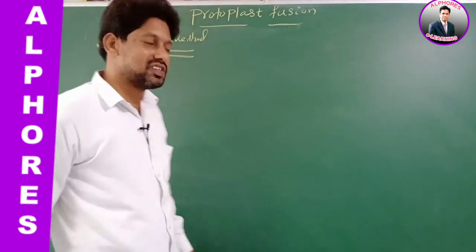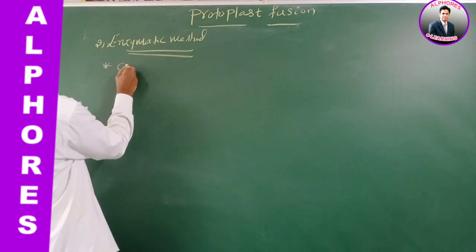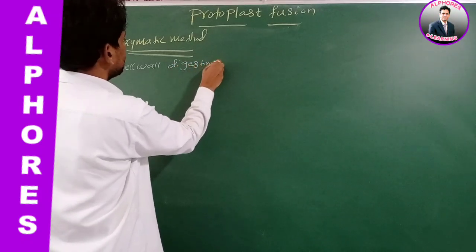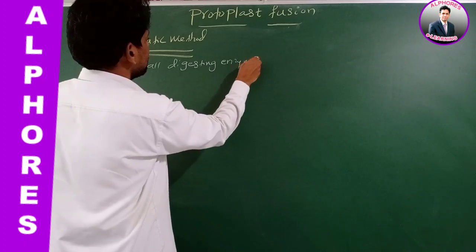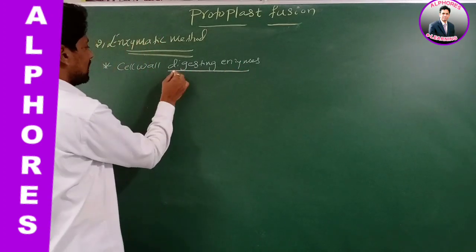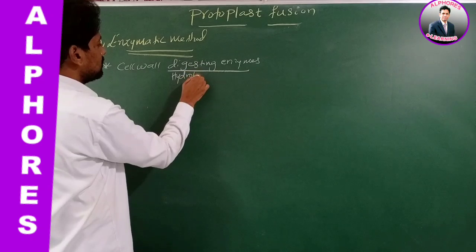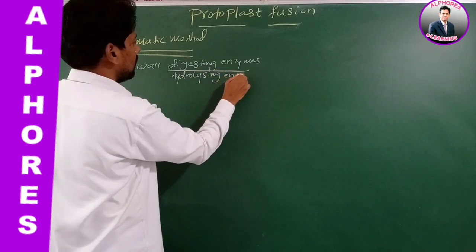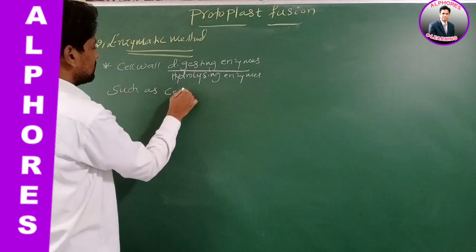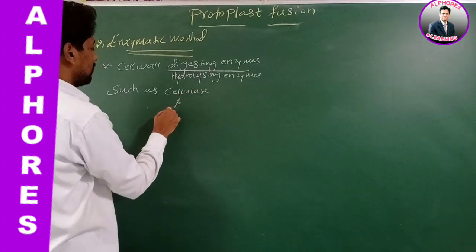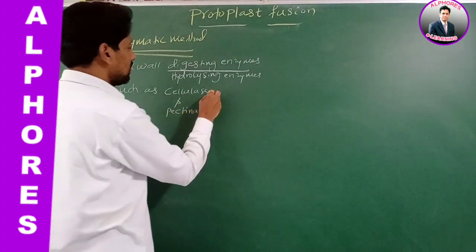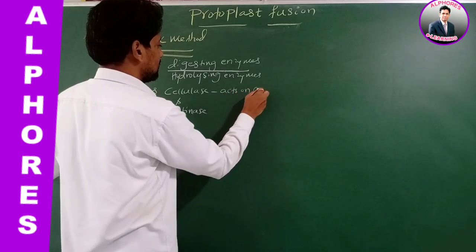We are using cell wall digesting enzymes, which we can also call cell wall hydrolyzing enzymes, such as cellulase and pectinase. Cellulase acts on what? Cellulose.